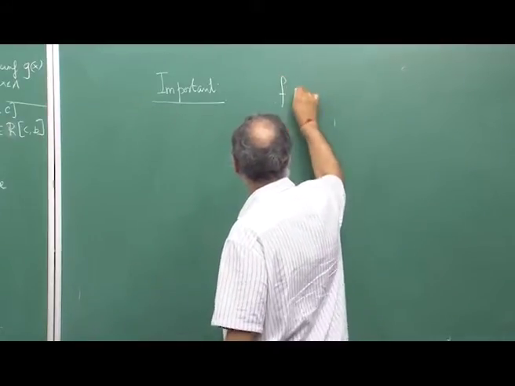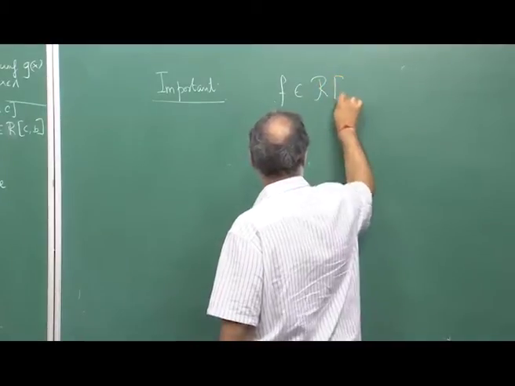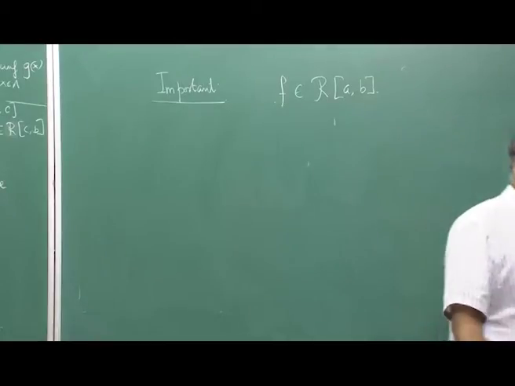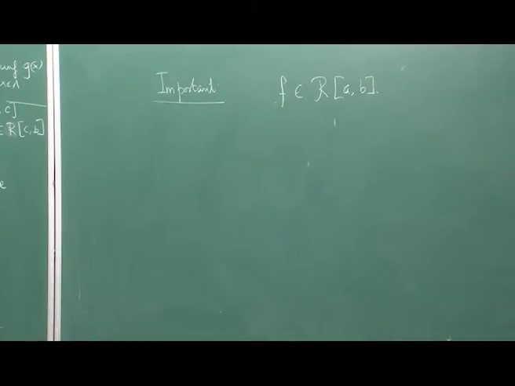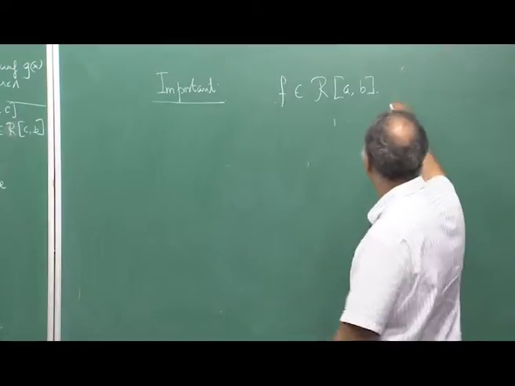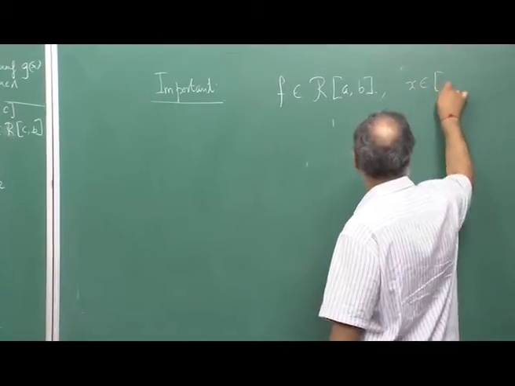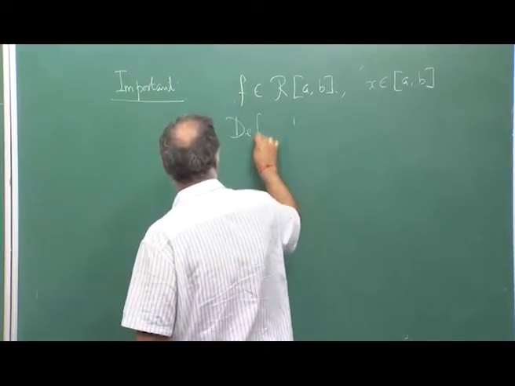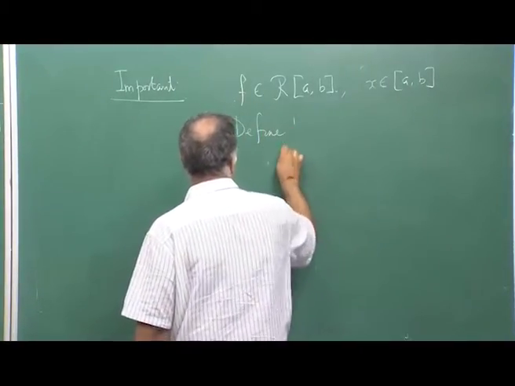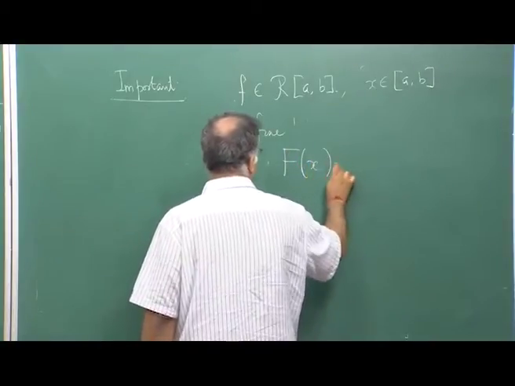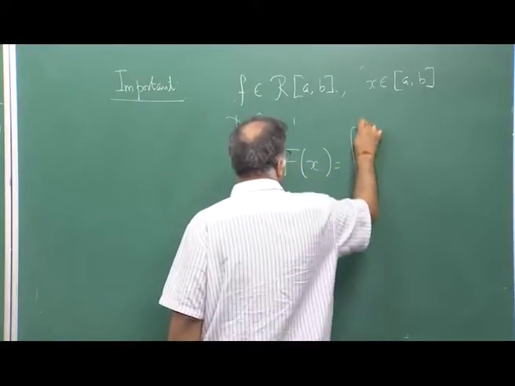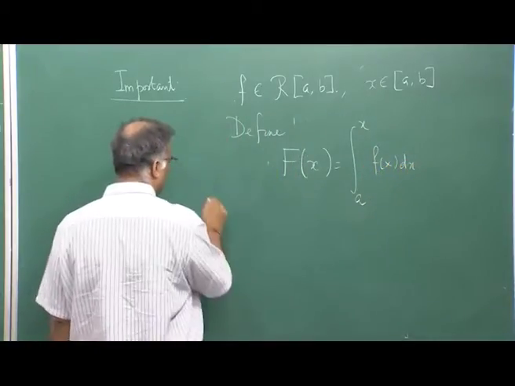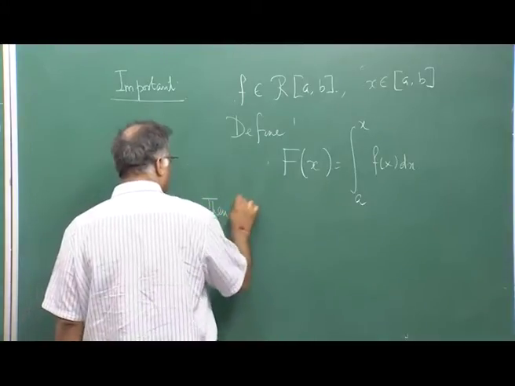So, if f is an element of R[a,b], and x is any number between a and b, define F(x) as the integral from a to x of f(t) dt, then F is continuous on [a,b].